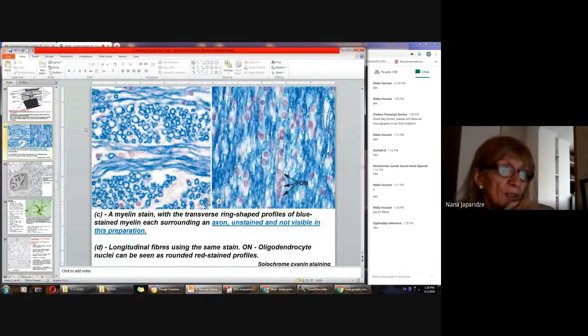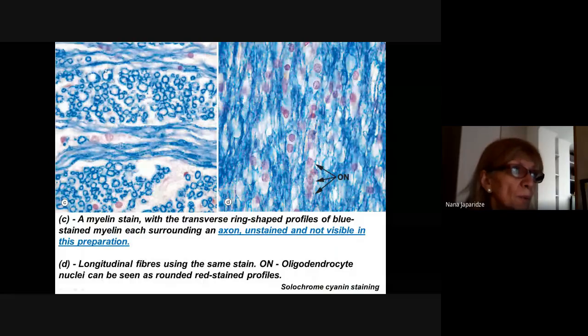So here is a special type of staining using which we can reveal myelin. Look, this blue stain are myelins.